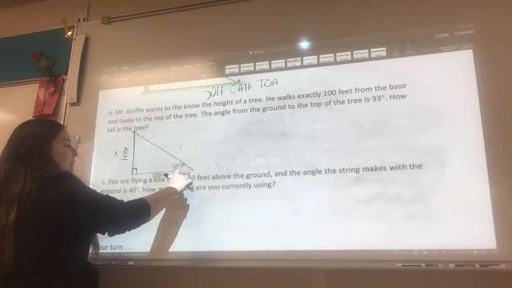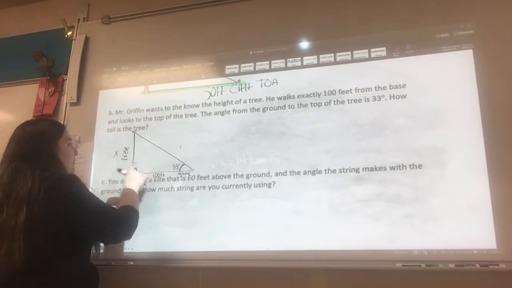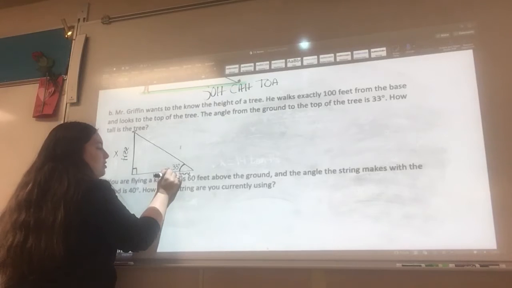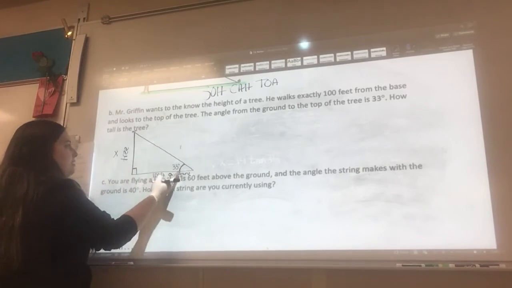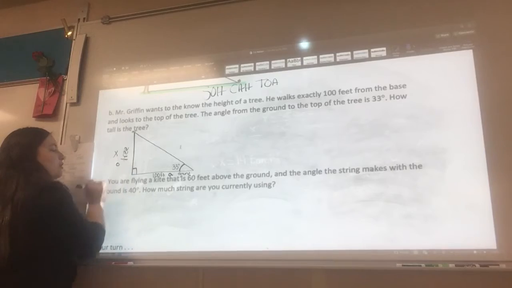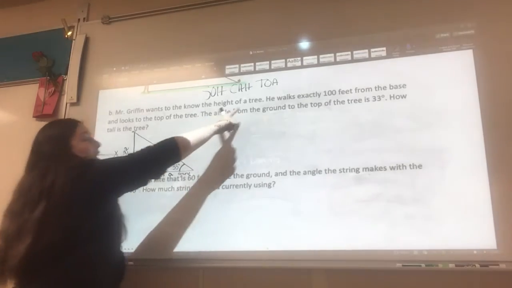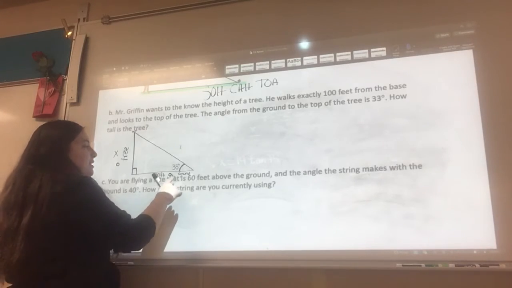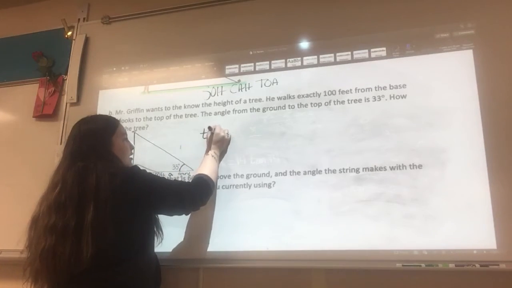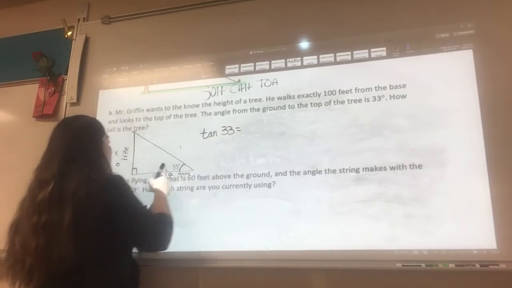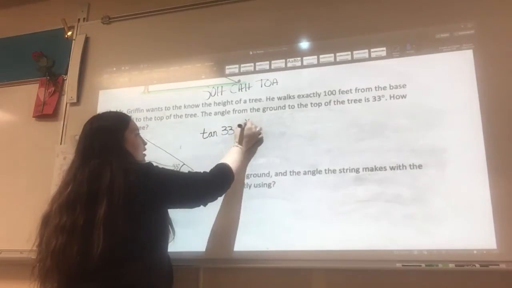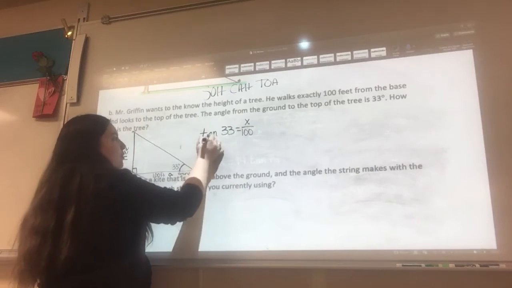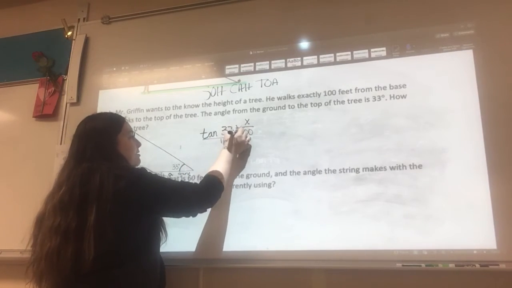So we have an angle of 33 here, and we have 2 things that have been given to us. So our 100 feet is adjacent to our 33 degrees and is opposite to our tree. So once again, we are looking at TOA, opposite over adjacent. So now we can say tangent of 33 is equal to opposite x over our adjacent 100. We have set up our proportion, and now we can cross multiply.